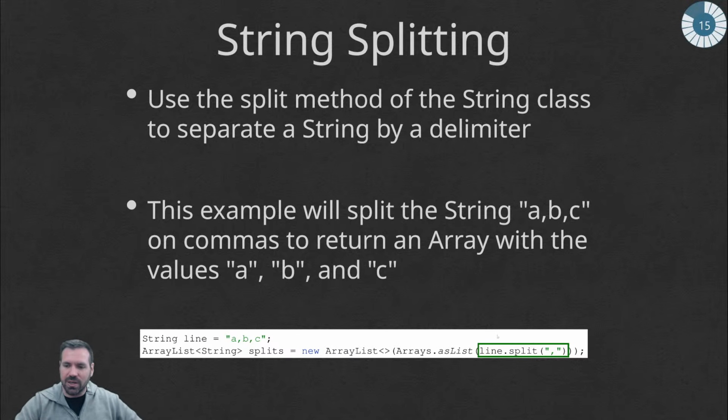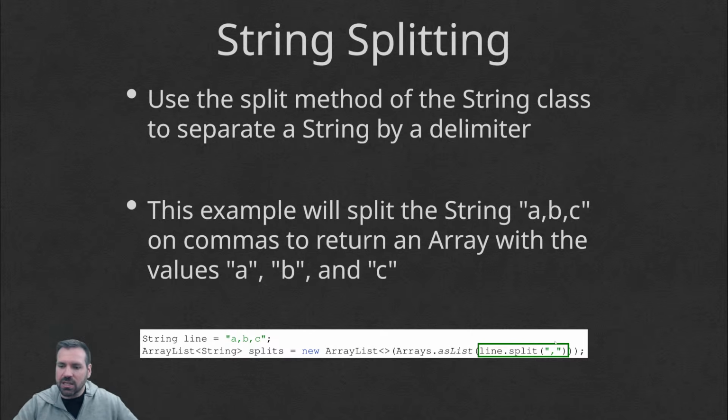After all that, we're just going to split on comma. So when you have a line of a file, I'm simulating a line of a file, A, comma, B, comma, C. So we have three values separated by commas, and we're going to split it on comma. The string class has a method named split that will take a string and separate all your values based on whatever delimiter you give it, in this case a comma.